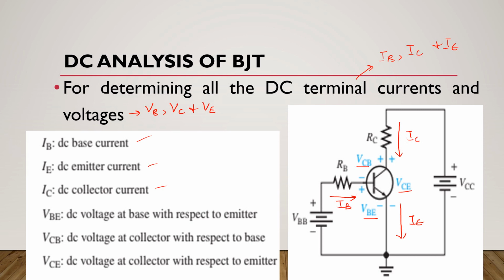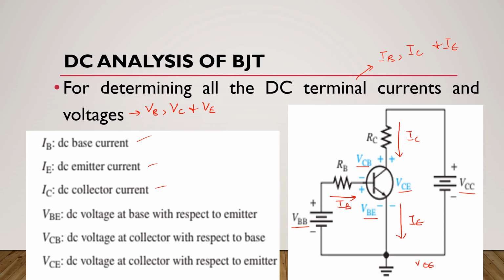Here this VBB and this VCC are supply voltages to base and collector. If there is VEE, then it is supply voltage to emitter.